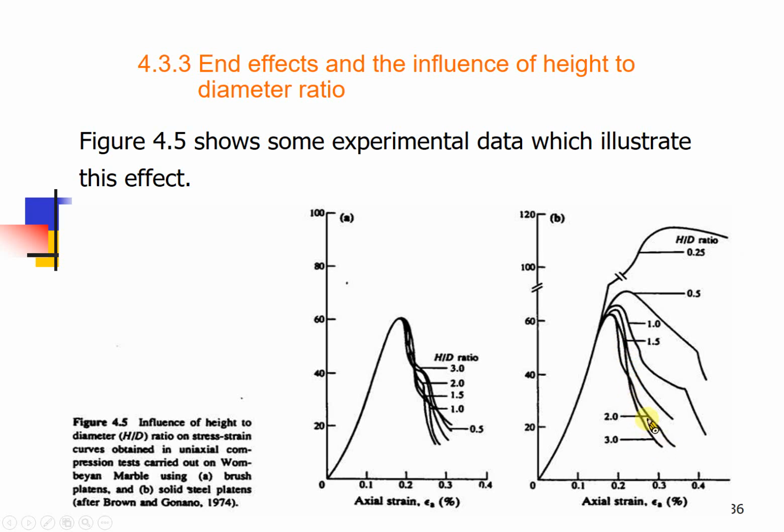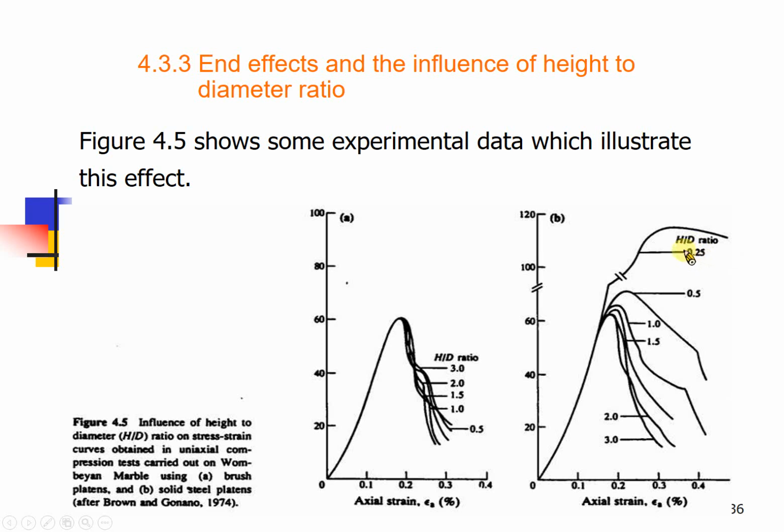If you decrease the ratio, it means you make the sample shorter and shorter. Then you will have the testing results from this to this, to this, to this, to this, and to this, for the height divided by d equals 0.25.